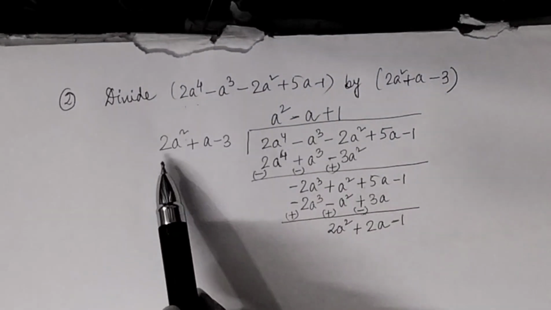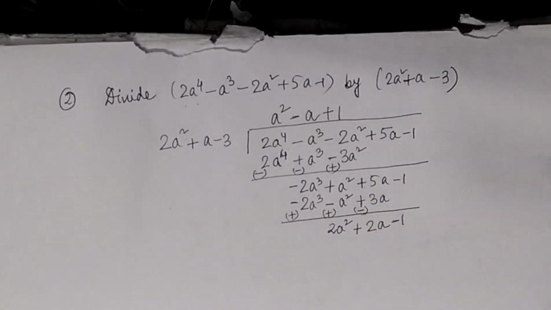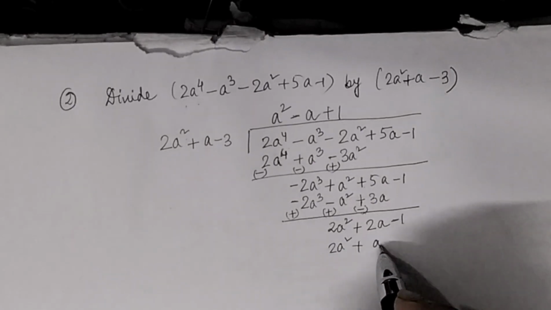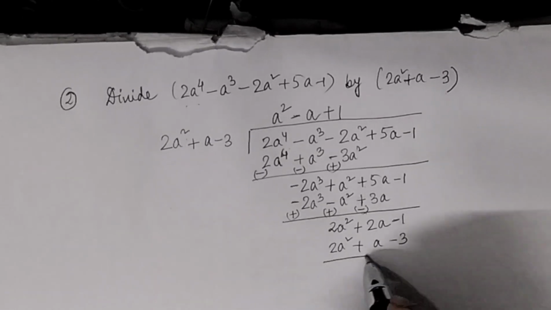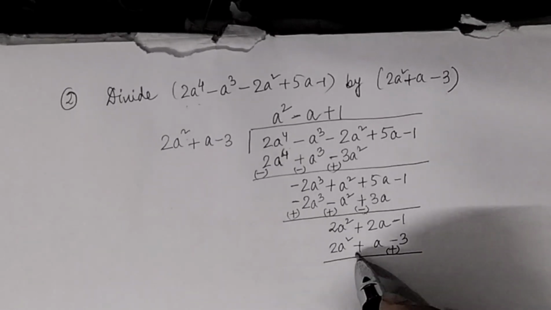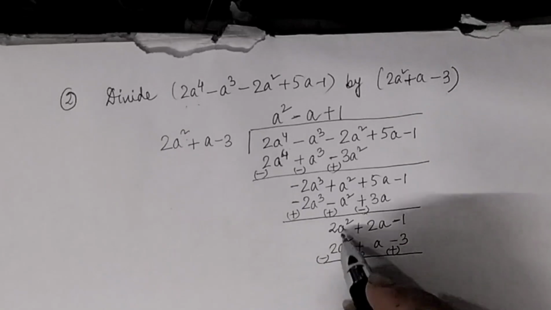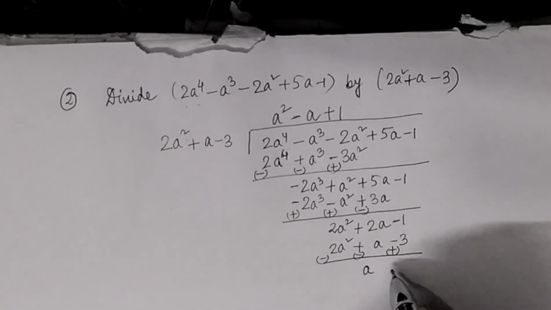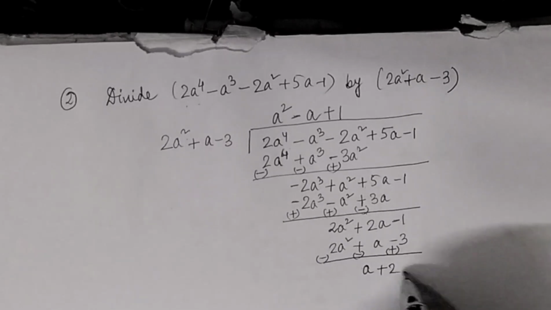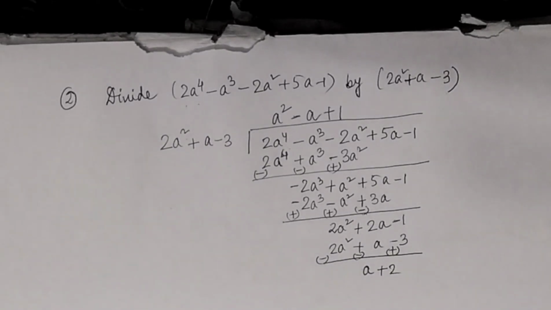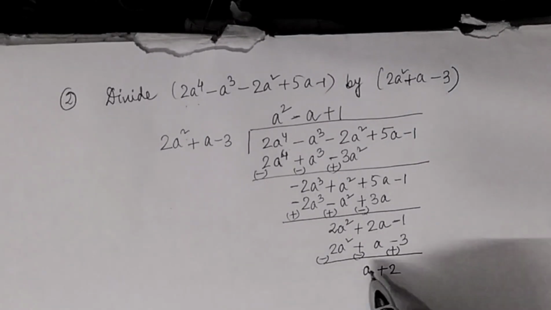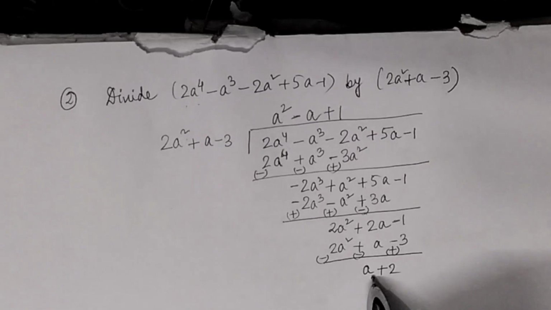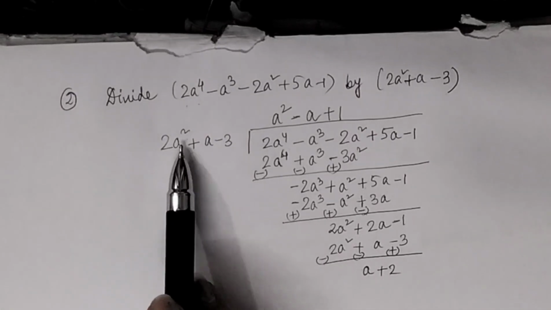So when this plus 1 is multiplied with 2a square plus a minus 3, it will give us 2a square plus a minus 3. Now again the subtraction will take place. Obviously they are cancelling each other, and hence we get a plus 2, right? So we have to stop the calculation in this step because the highest power of the variable of the remainder is less than the highest power of the variable of the divisor.